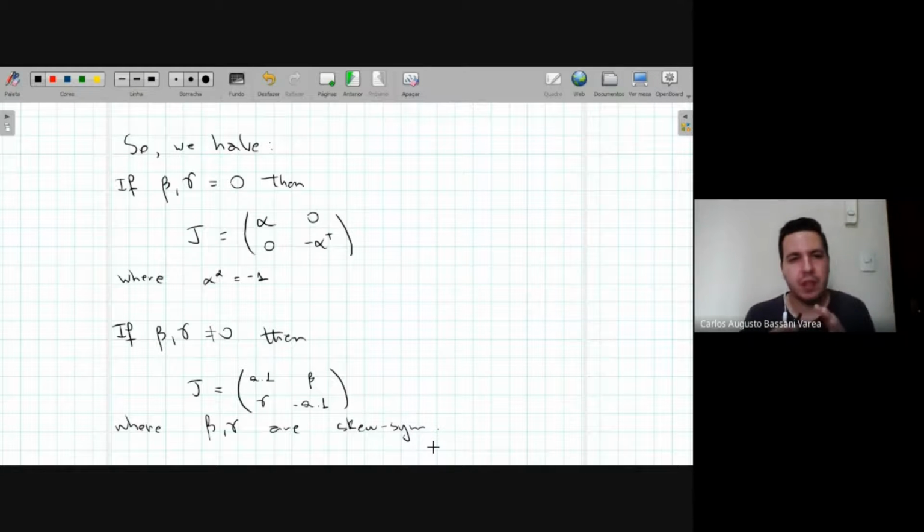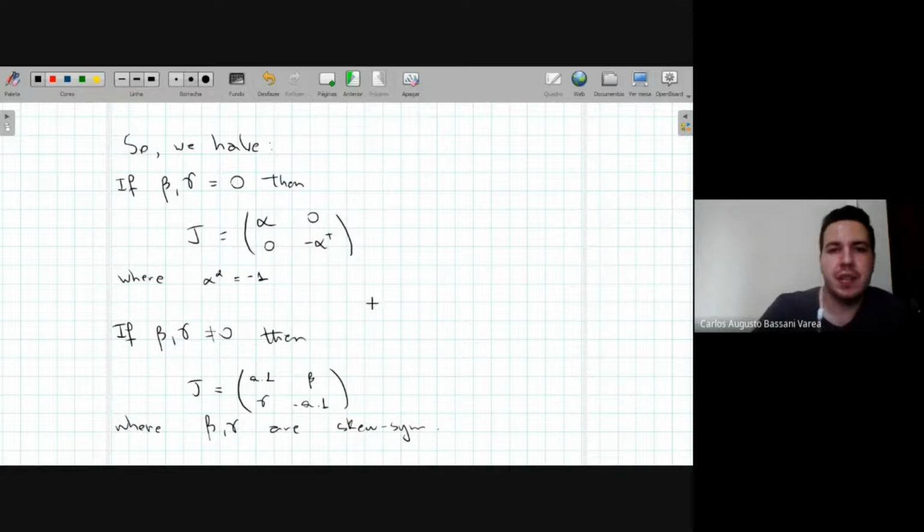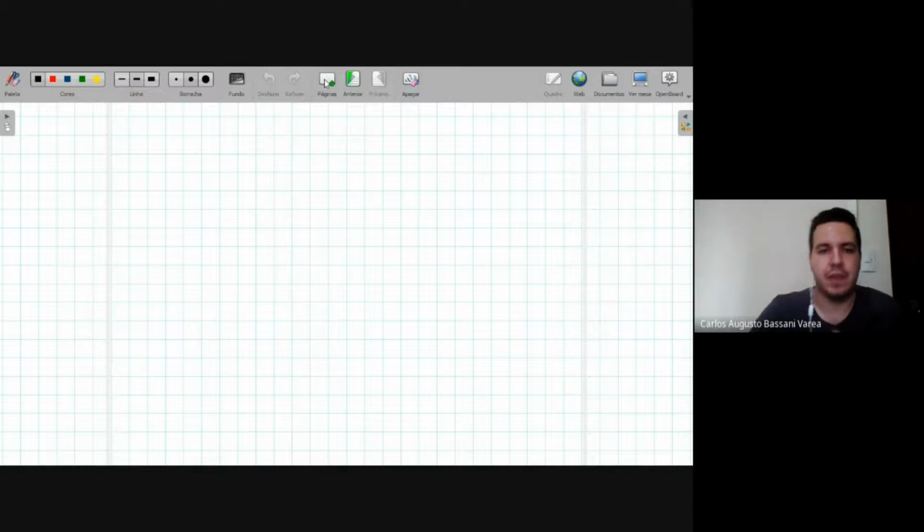So this is what we have when we ask J to be orthogonal with respect to that bilinear form, and J to be a complex structure, so J squared is minus 1. It remains to ask one more condition.